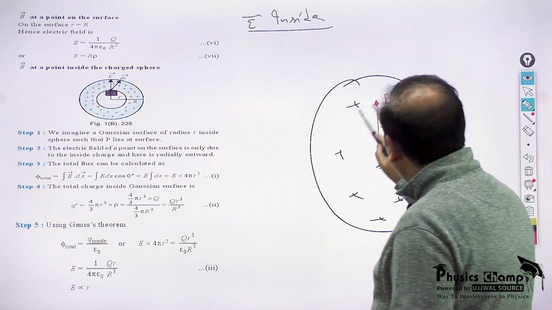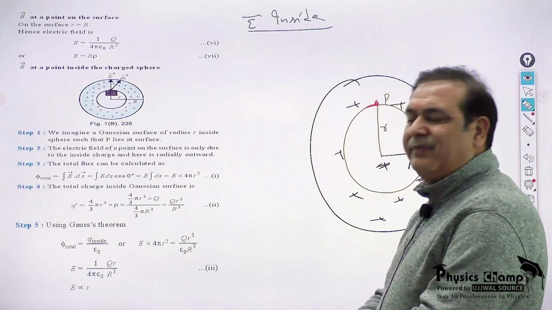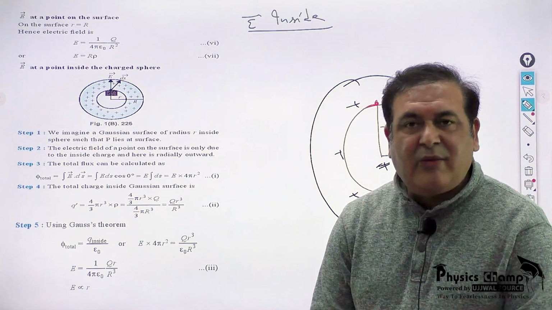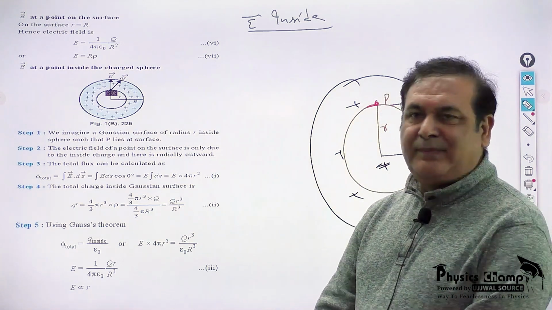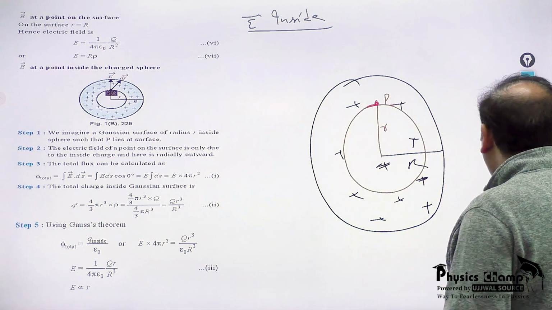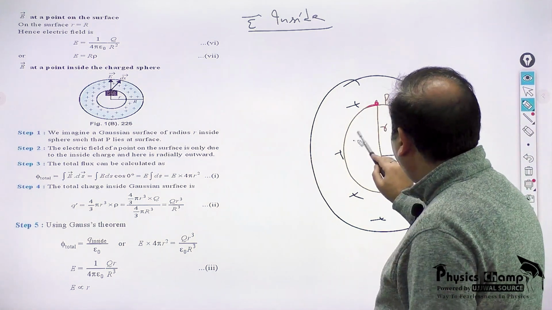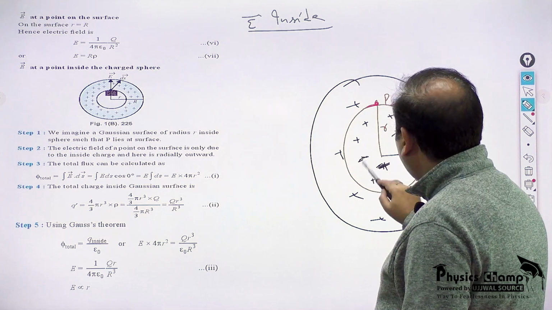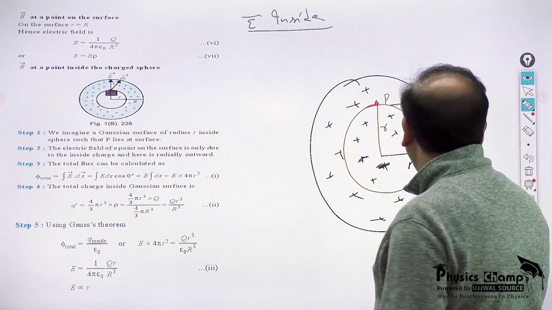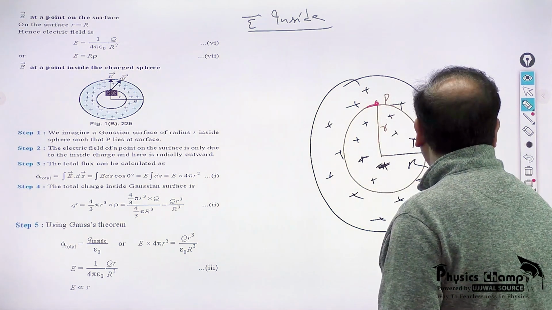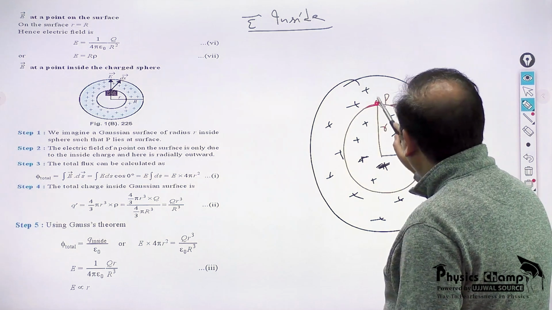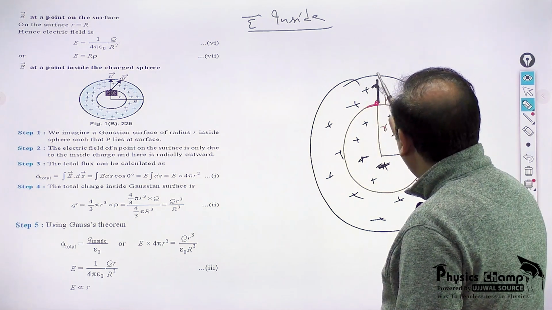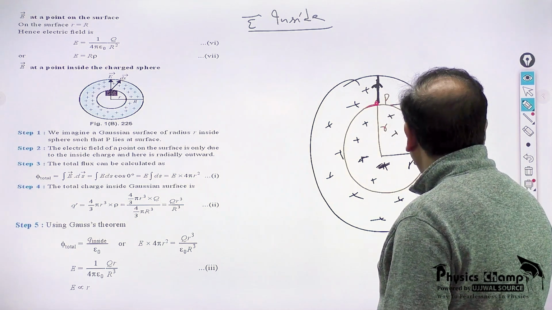You will assume a Gaussian surface, which is a sphere of radius small r. You will look for the direction of electric field. Electric field will obviously be mainly due to the inside charge only. So the direction of the electric field here will be like this. We can take it outward.